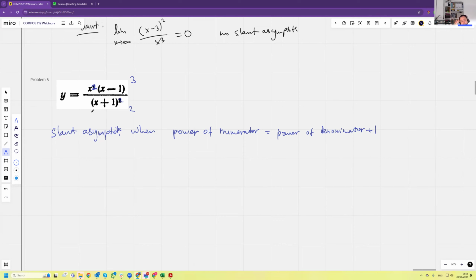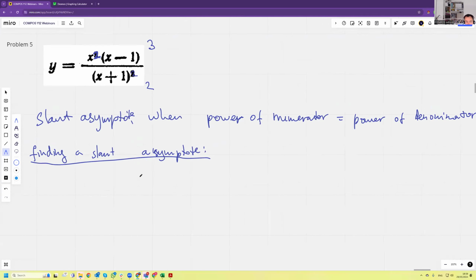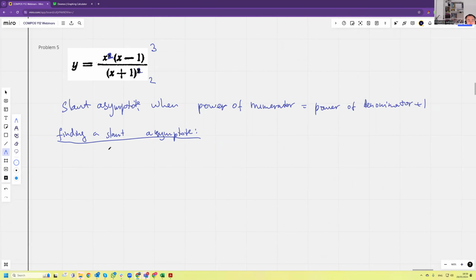The easiest way to find the slant asymptote, so how to find a slant asymptote. If you were programming a computer, then you would use this method. The universal method, the straightforward method.